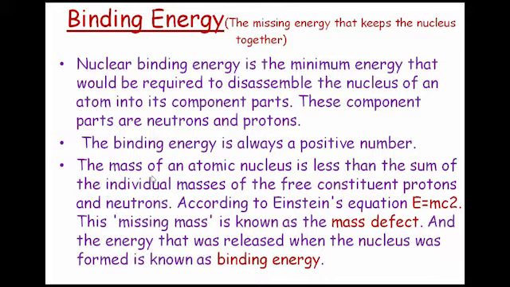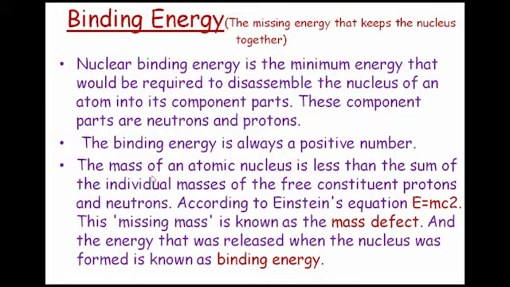That is, when we add the total mass of protons and neutrons inside the nucleus, then you will get the total mass of the protons and neutrons minus the mass of the nucleus. There is a slight difference between these two, and that mass difference is known as the mass defect.